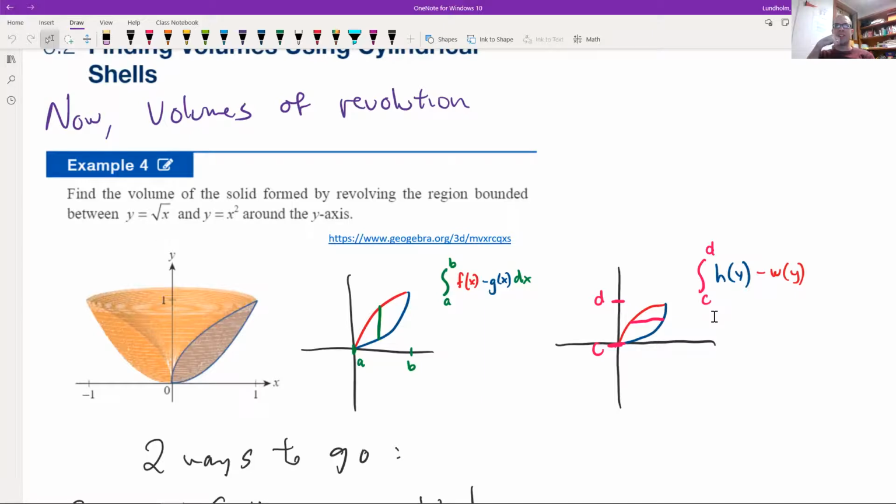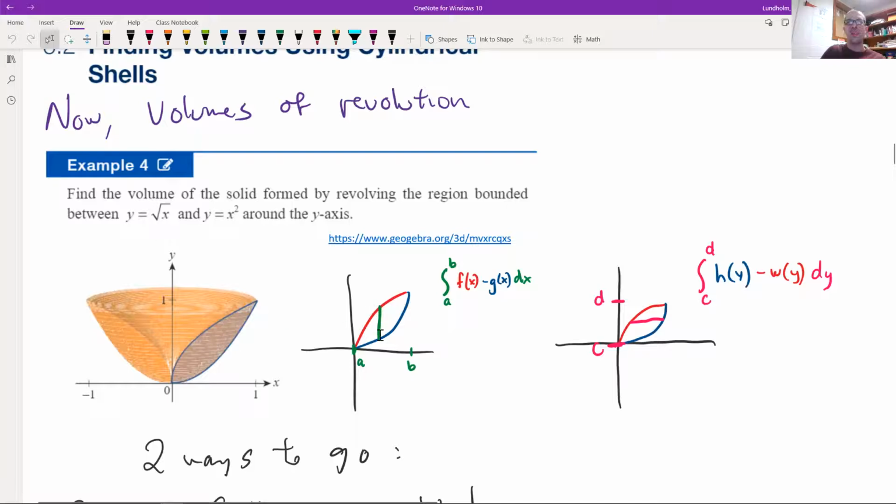So why did we just look at that? Well, when we use this area and sweep it around the y-axis as an axis of revolution, we're going to make a volume with this as a cross-sectional area.